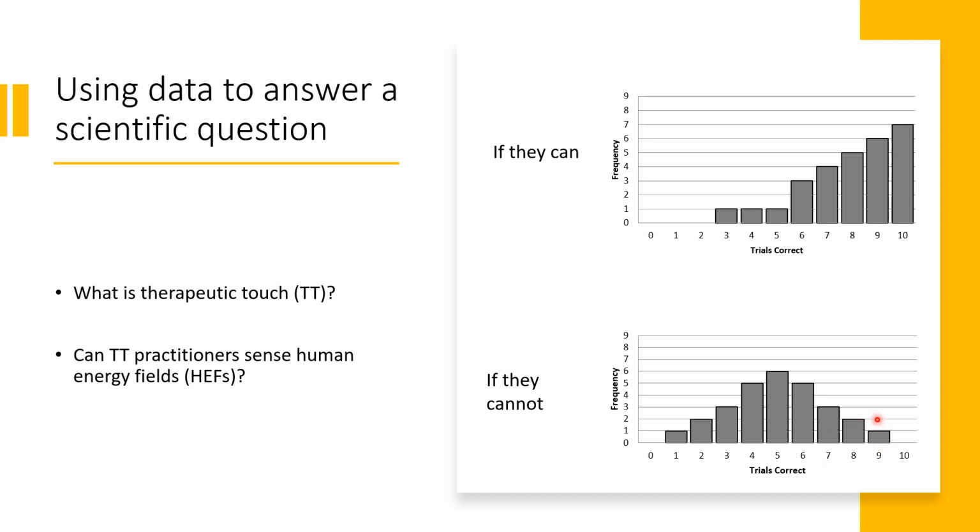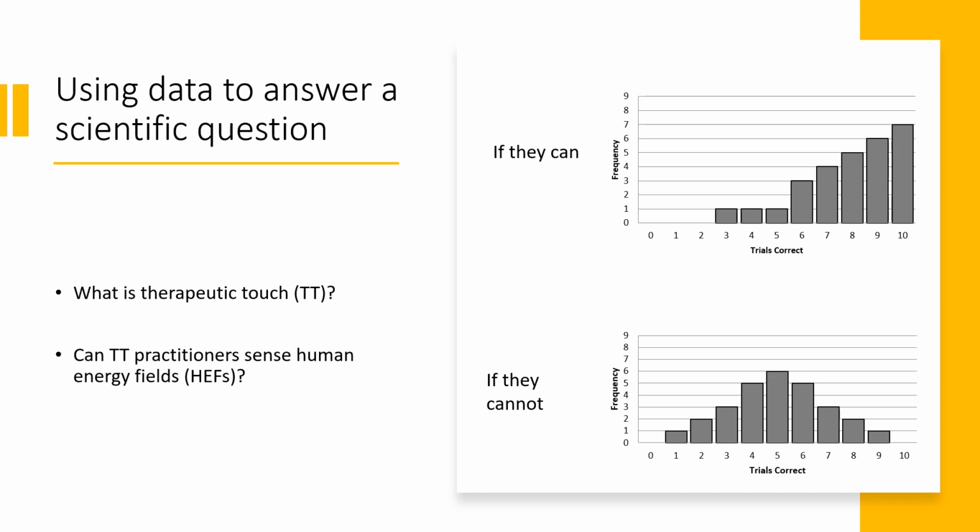Well, sometimes people get lucky. Maybe one person just through chance guessed right 9 out of 10 times. It'll happen sometimes. Notice some people didn't guess very well. So this is what you would expect: something like a normal curve centered around the middle of the correct response options, around 5.